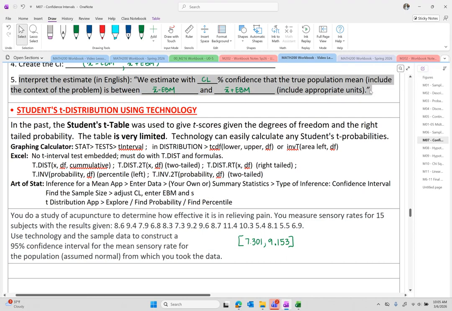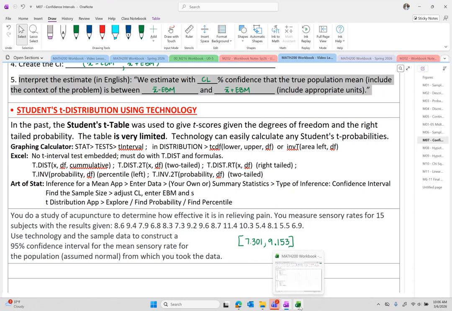Remember to always use the same words. I will say I estimate at a 95% confidence level that the population mean pain sensory rate for acupuncture is between 7.3 to 9.2 points, whatever it is measured in.